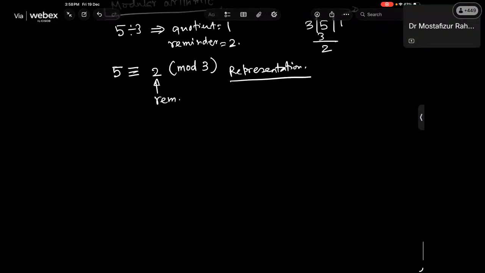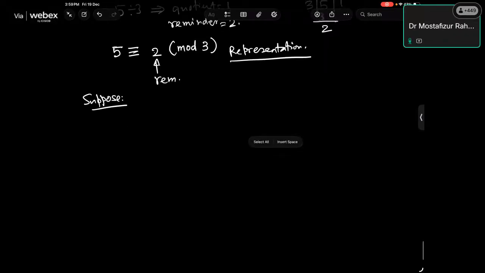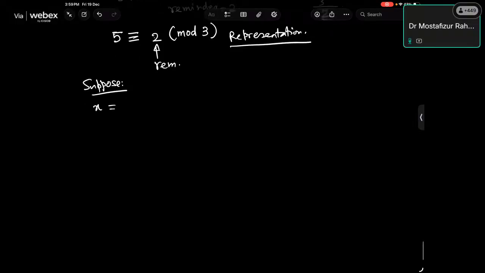So suppose I have a set of numbers. I can write it as a sequence or as a set or as a vector, whatever you say, as 1, 2, 3, 4, 5, 6, 7, 8, and 9, right?